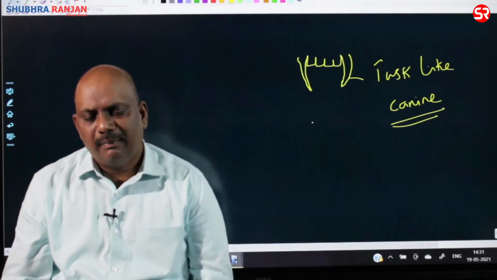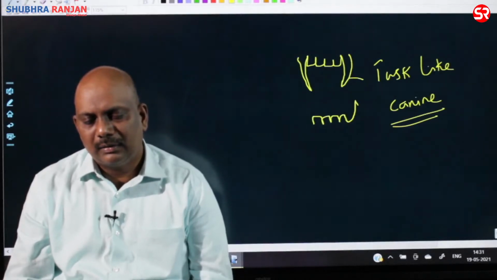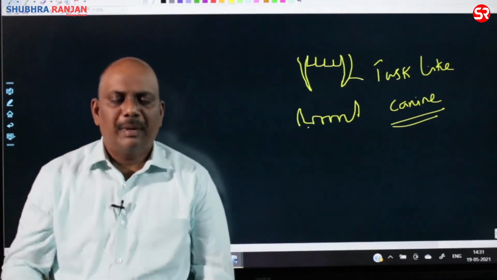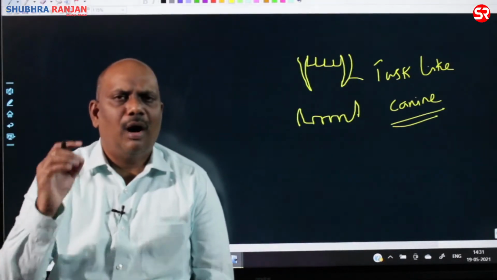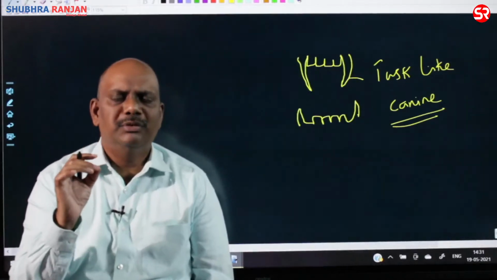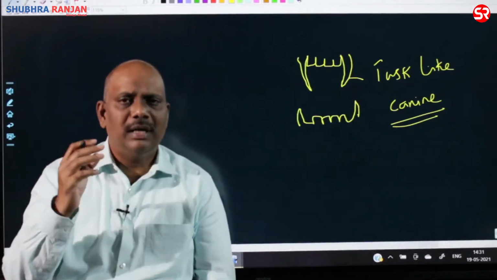Because our primitive apes had quadrupedal locomotion. As a result, all their 4 limbs were utilized for walking.